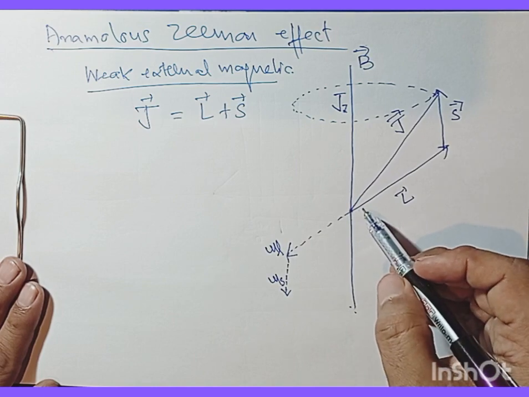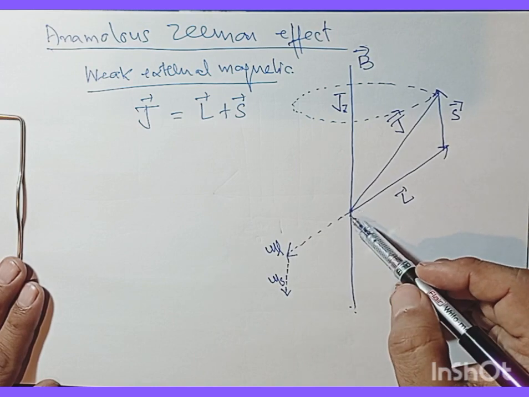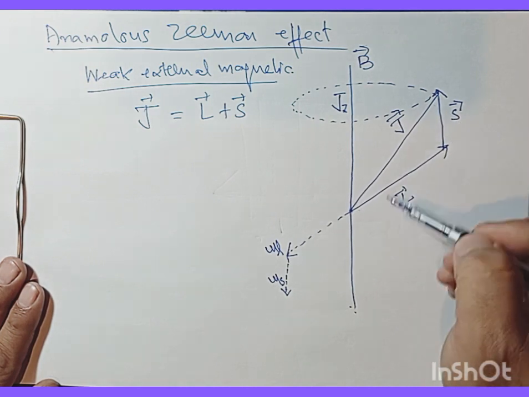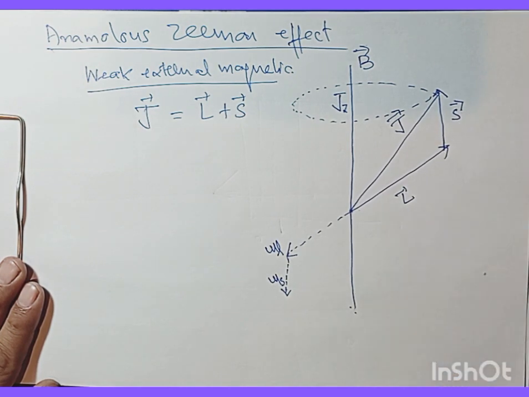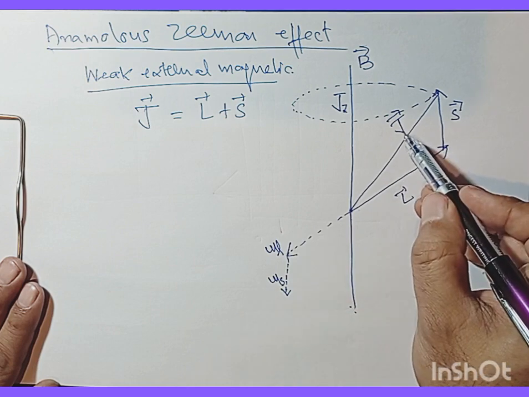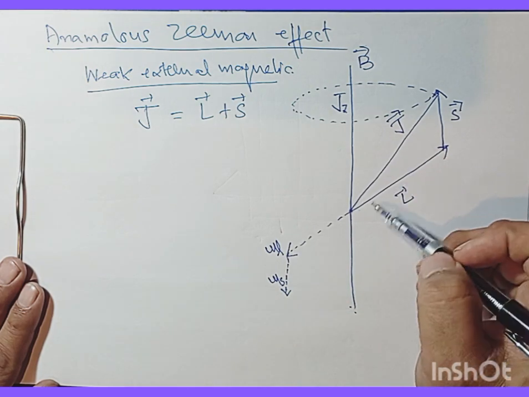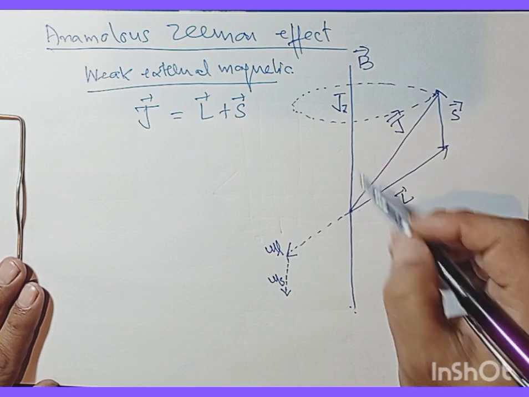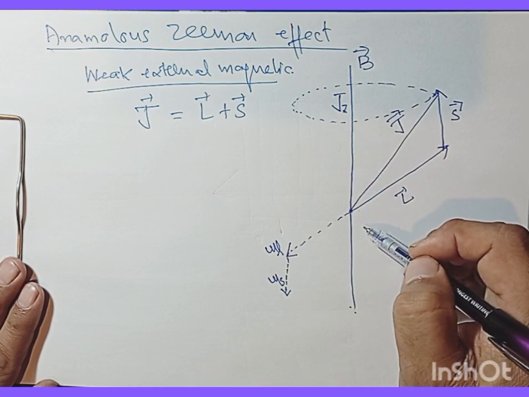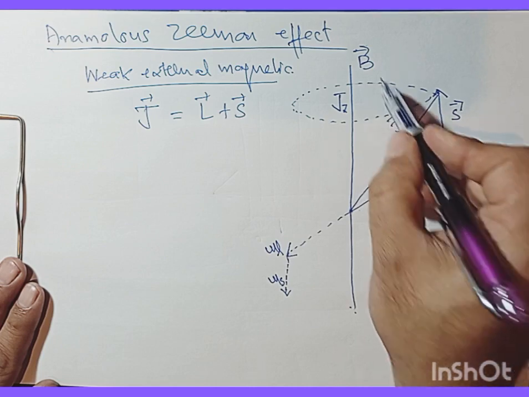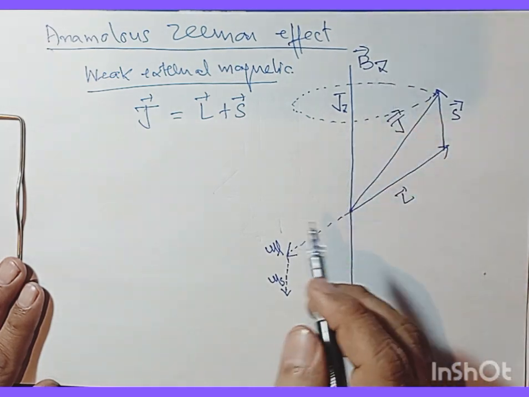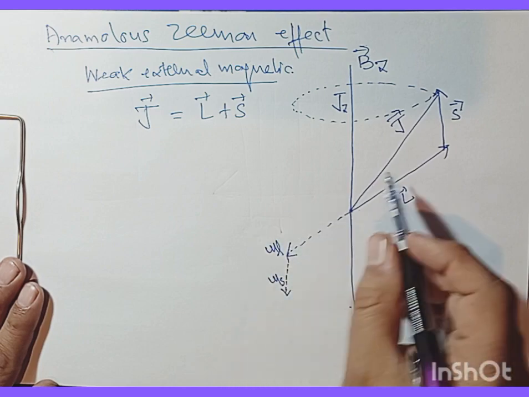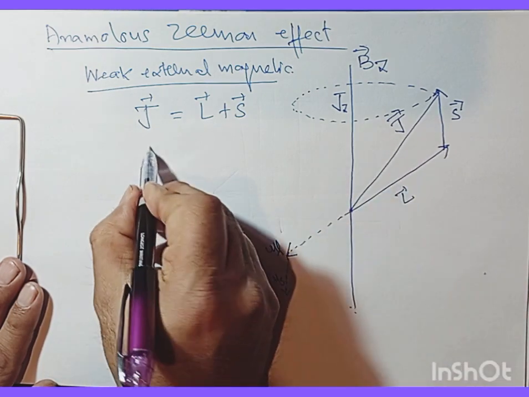So we have the L vector, the S vector, and the resultant of these two vectors given by J, and this J precesses along the direction of the magnetic field, chosen here as Z. So we can have this Jz.